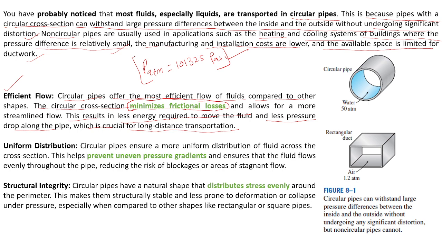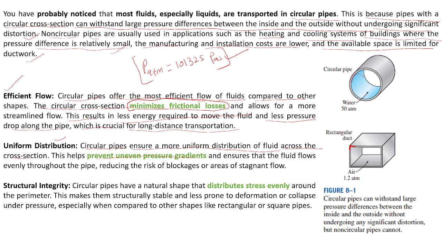Uniform distribution. What is uniform distribution? A circular pipe ensures a more uniform distribution of fluid across the cross section. If you see here, in the circular pipe there is more uniform distribution of the fluid, but not here because of this L section type of thing, the corners you can see. This helps prevent uneven pressure gradient.